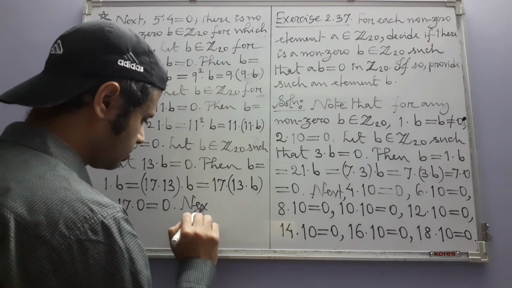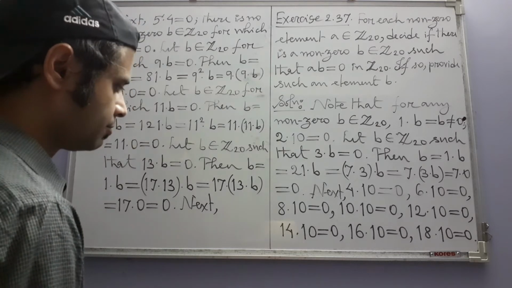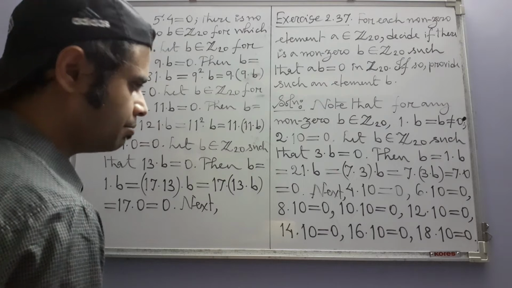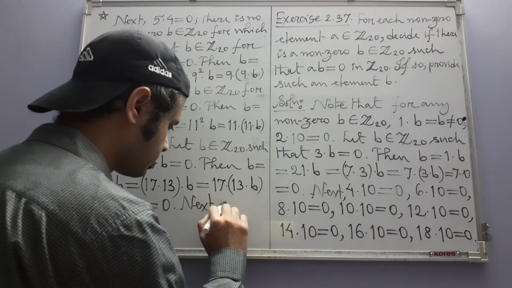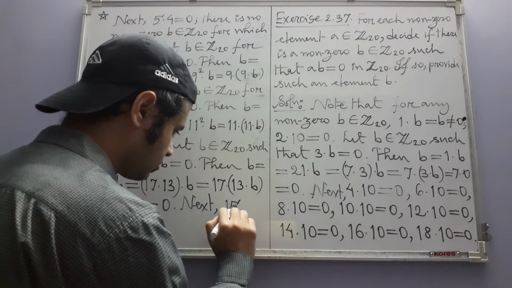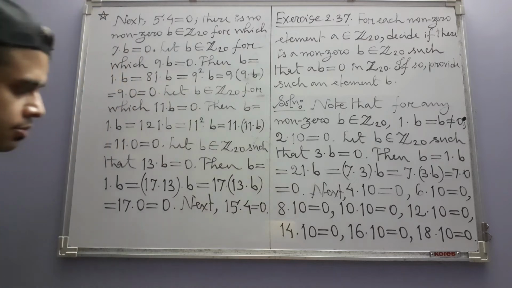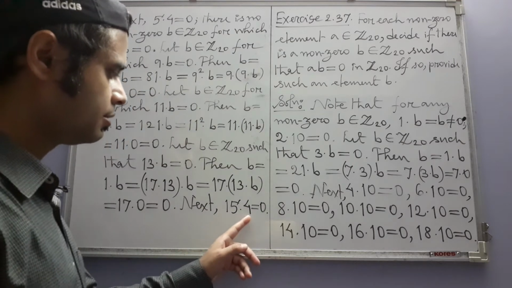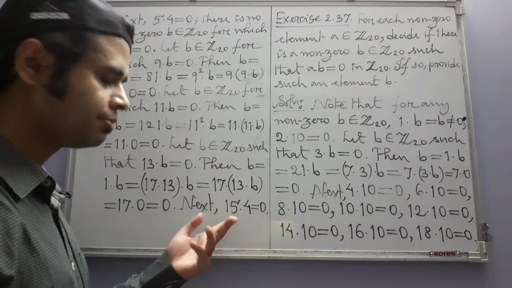Next, for 15 however we have one such b, and that b is 4. Four is non-zero and it is in Z20, and in Z20 this product is 0 because we get a 5 from here.